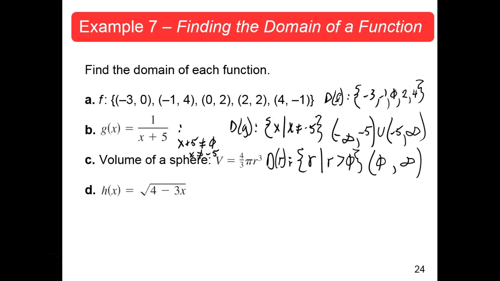Okay. So, I think I finally heard that what's in the radical cannot be negative. That's a lot of words, and we still don't know what the x has to be, so how do I express that mathematically? What is in the radical? 4 minus 3x. And how can I express cannot be negative mathematically?